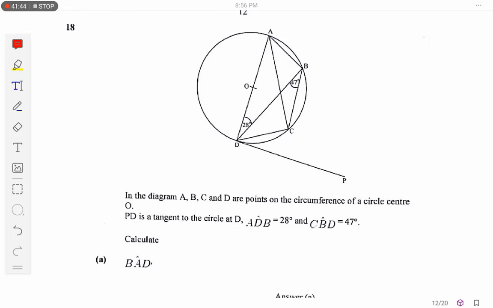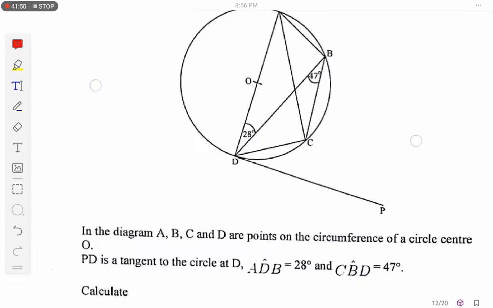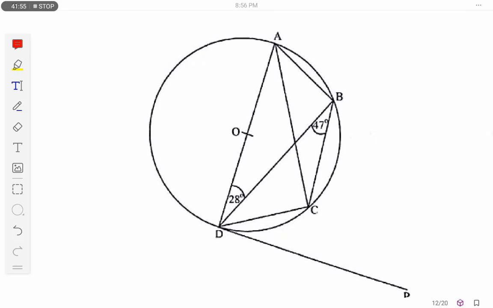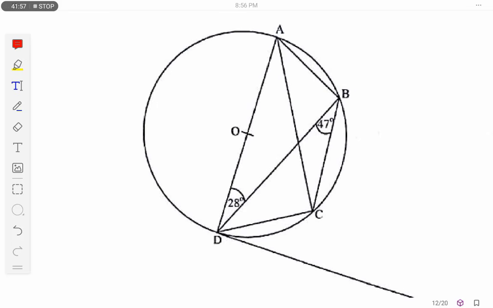This question is asking us to calculate the angle. So normally what I'll do is this. Let me just enlarge this so that we can solve it first. I first try to solve the angles that I can find in this scenario. This is a diameter, and the angle subtended by the diameter is 90 degrees, so I can say here we have 90 degrees.